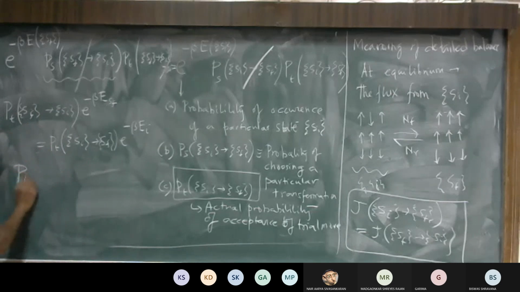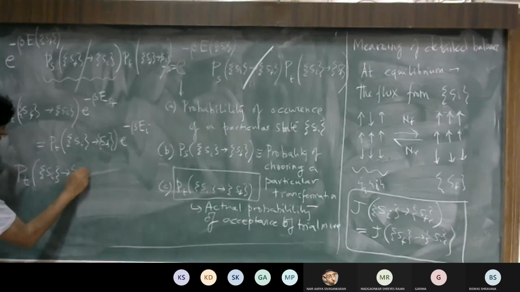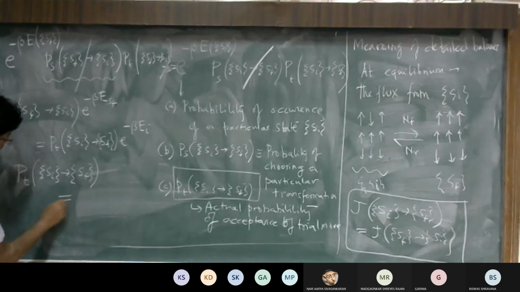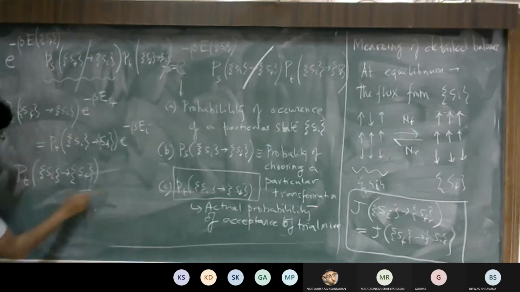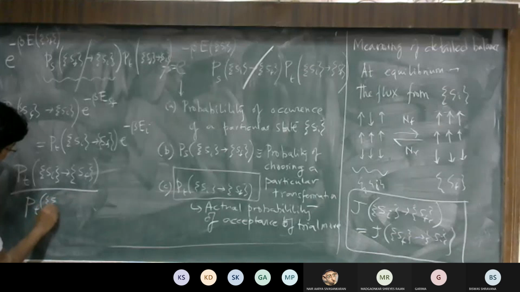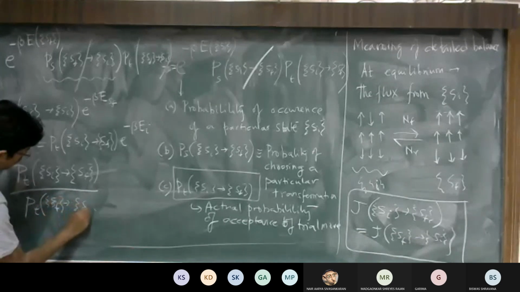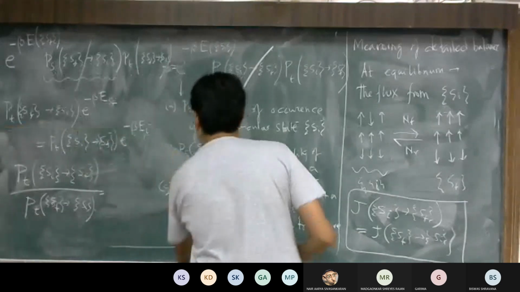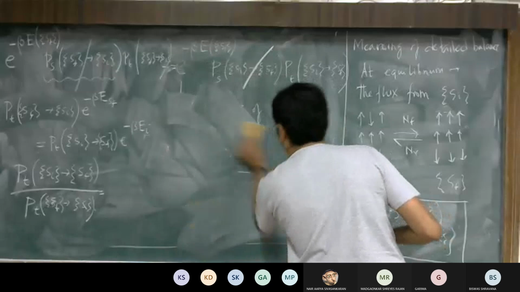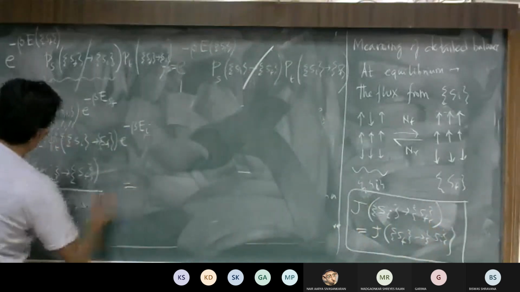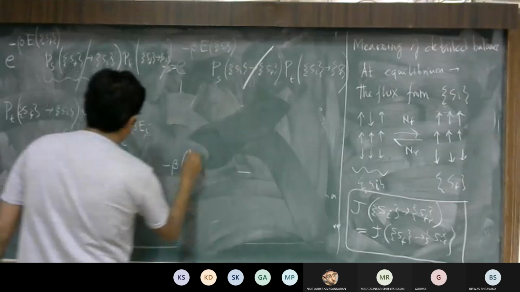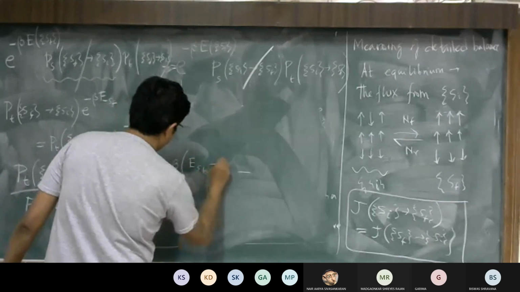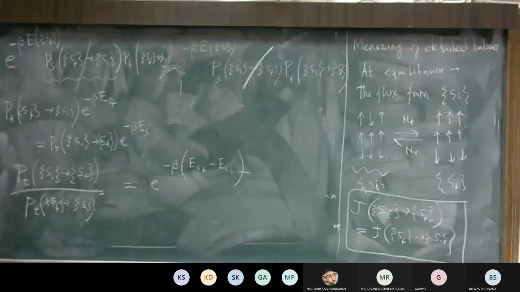Or in other words, if I bring them all to one side, the probability of an actual trial move being successful from the initial state SI to SF, if I look at this ratio, divided by SF to SI, is simply equal to e to the power of minus beta delta E.